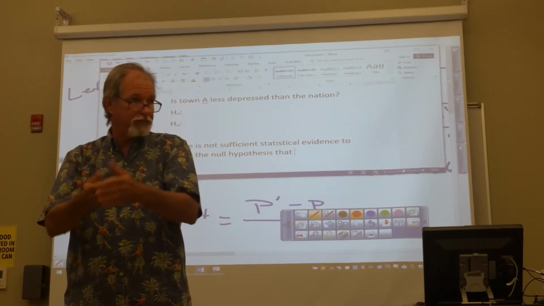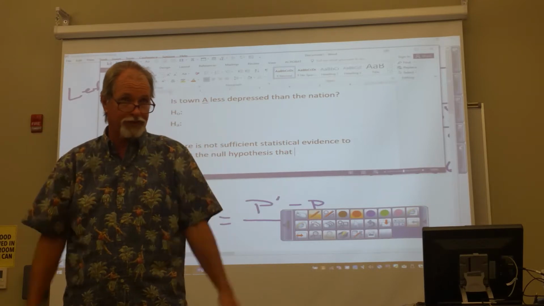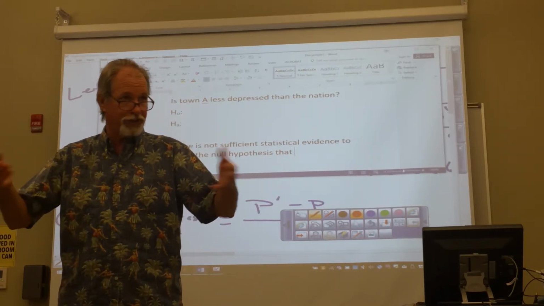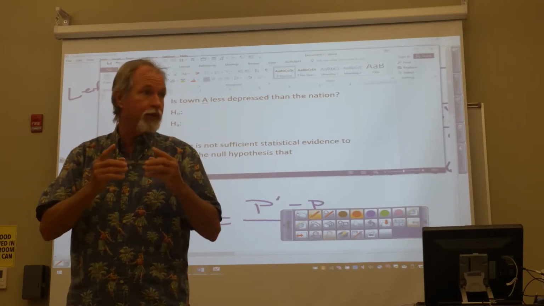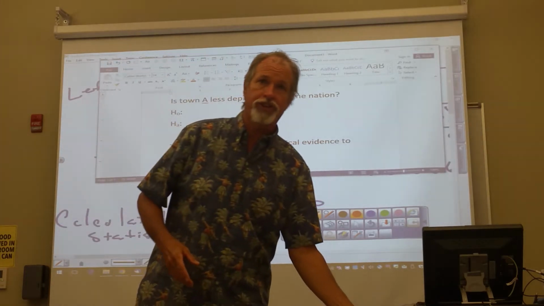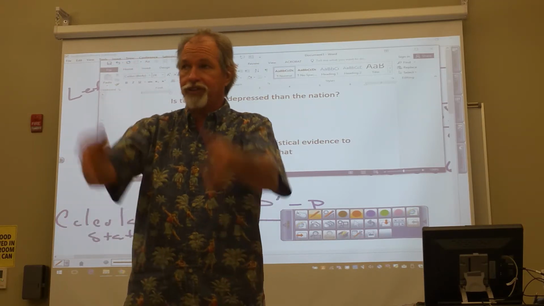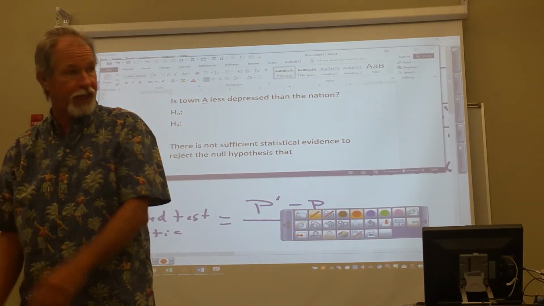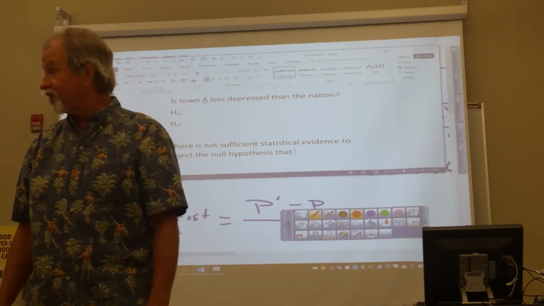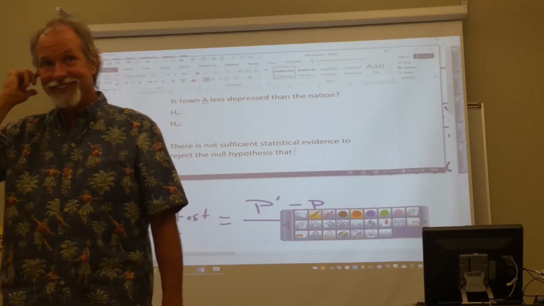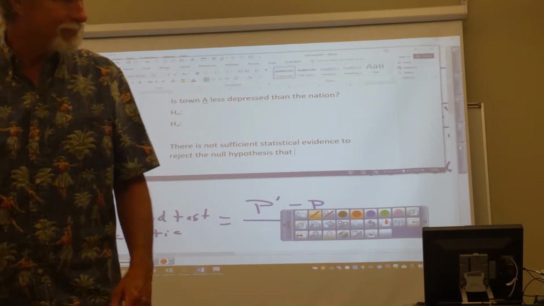The 0.5 is basically the same as the 0.73. Statistically, they are the same. There is no evidence to reject the null hypothesis. Therefore, town A is just as depressed as every other town in the nation.